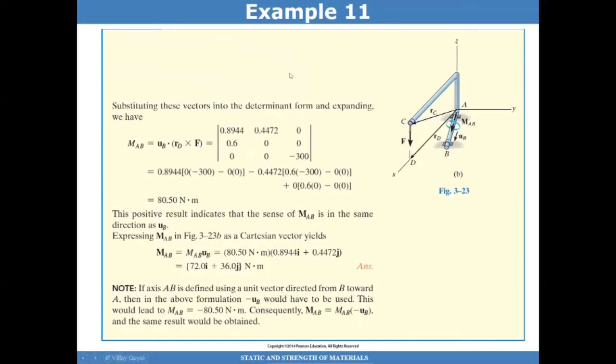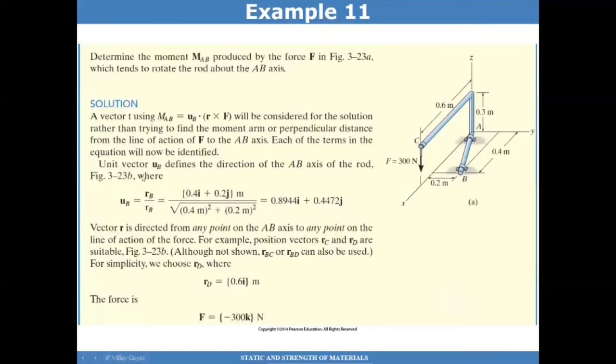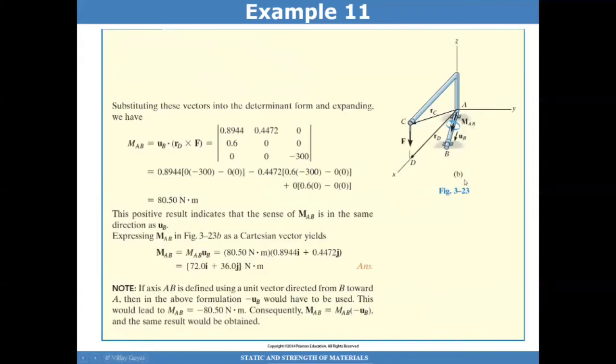That's simply done by taking the dot product with UB, which is the unit vector that defines the AB axis. So once I have that cross product completed, RD cross F, that'll give me the moment about A. Then I basically dot product against UB, and that gives me the moment about the AB axis.